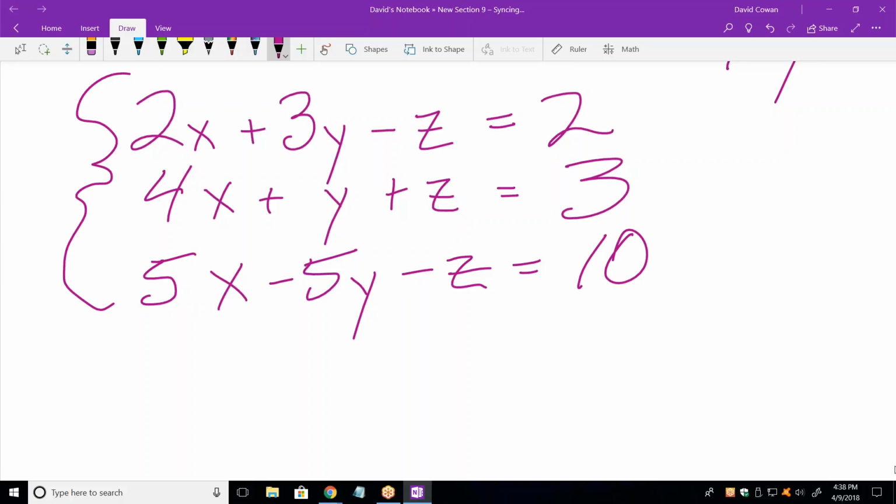It's like the 2 equations and 2 variables, only it's 3. You can also have 4 equations and 4 variables. In real life, you might have 100 equations and 100 variables. The key is as long as you have the same number of equations as you have variables, you can solve it.